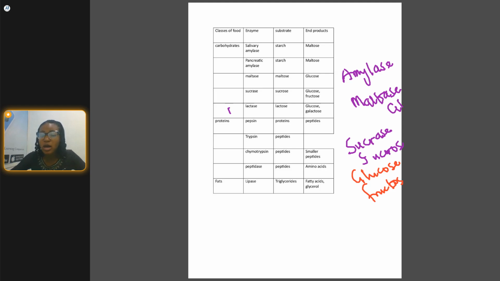Don't forget we are still on carbohydrates. So all these enzymes are carbohydrate enzymes.